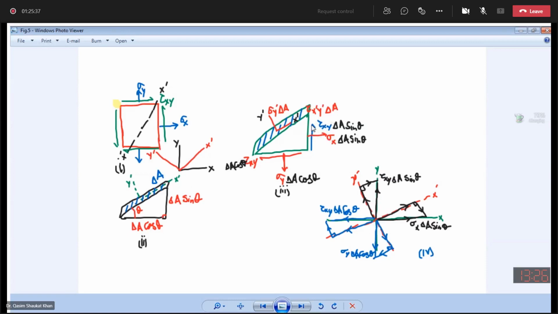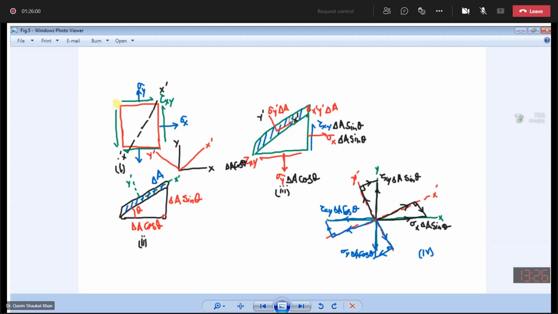So these are now 4 forces which are oriented along the x and y axes. I need to resolve these 4 forces into their components about the x dash and y dash axes.